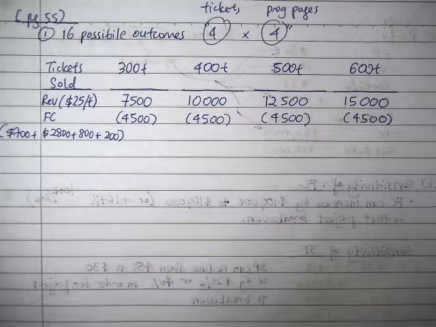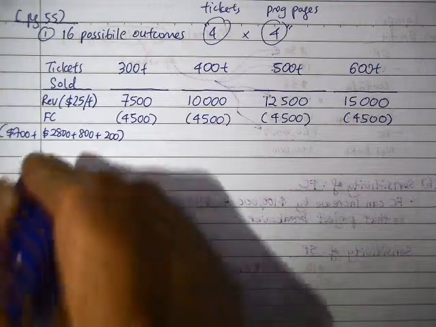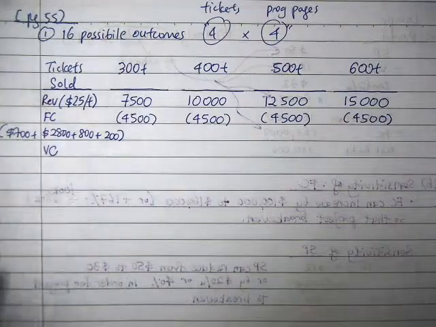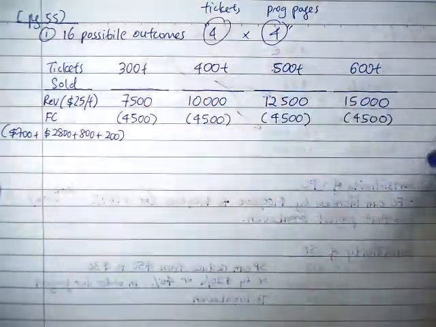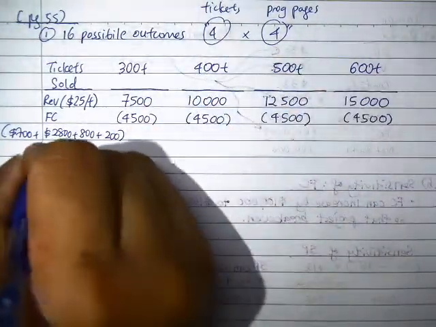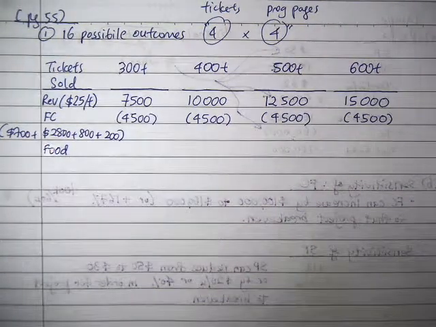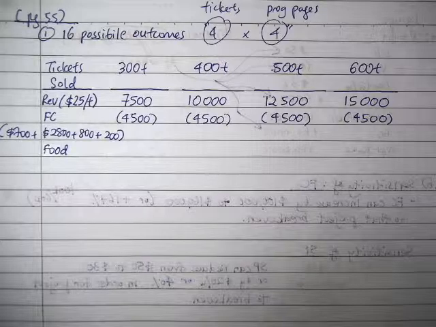Okay, besides these 4 amounts of fixed costs, I don't say variable cost, I'll just put as food. Food. The food is semi-variable.